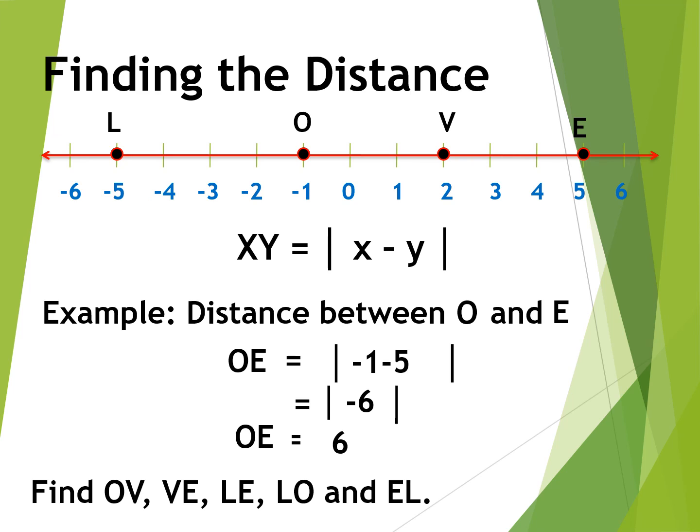I think you can answer these distances, because we just get the coordinates of the two points, subtract, and then get the absolute value. Always remember, we get the absolute value because the distance is always positive.